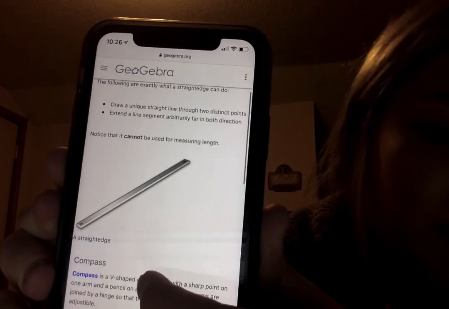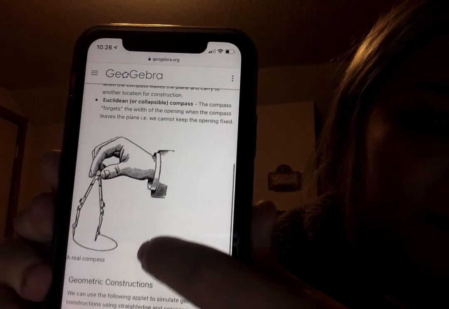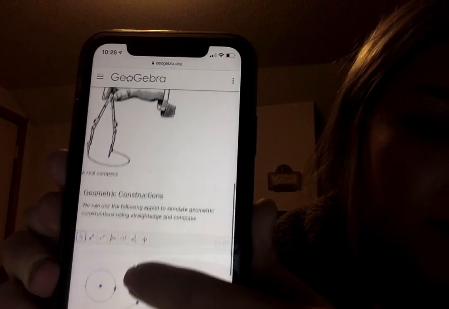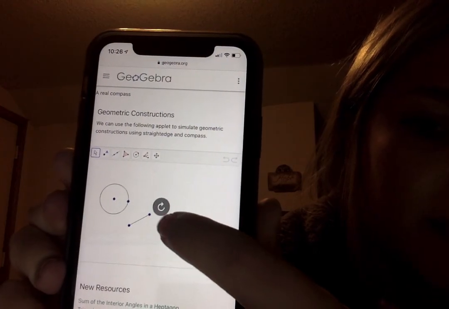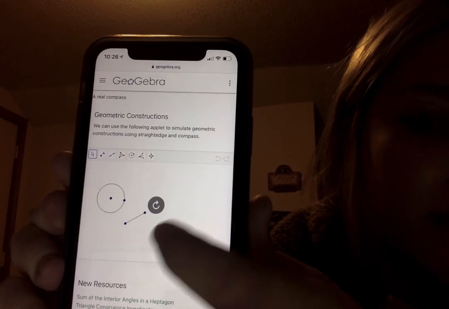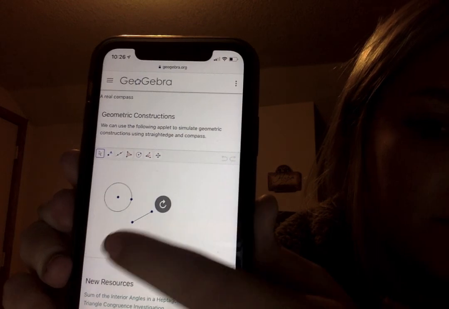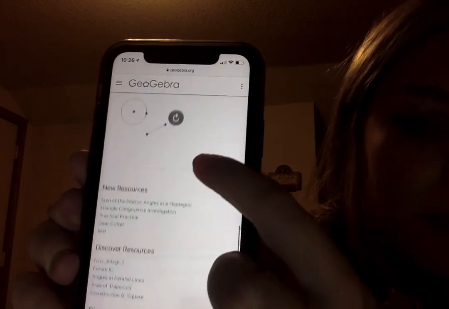Like this is a straight edge, and it talks about what it's used for, and then they have the compass, the definition of it, what it's used for, and then this part's really cool because it has a little area where they can play around with line segments and making different shapes, circles, doing radius, diameter. So I would just have them read on this website and play around with it.